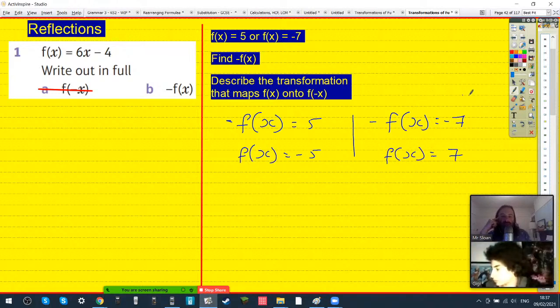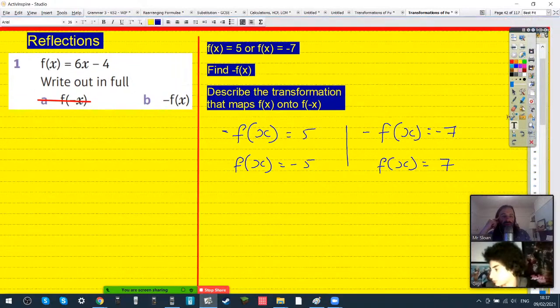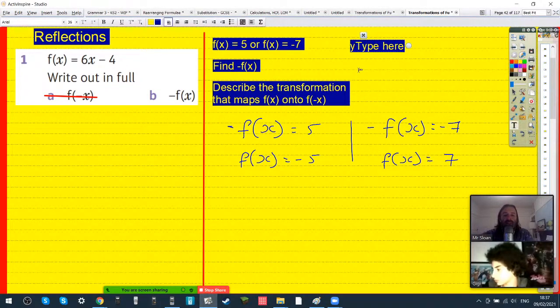And for this one, I should have put somewhere y equals the f of x. And so this is just the y changing sign. Just like with the translations, they make it y equals.